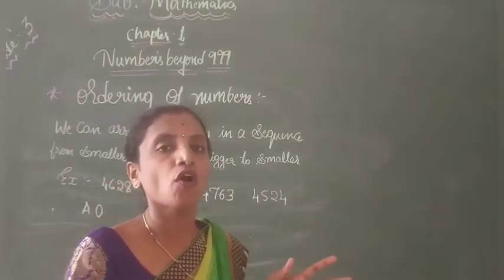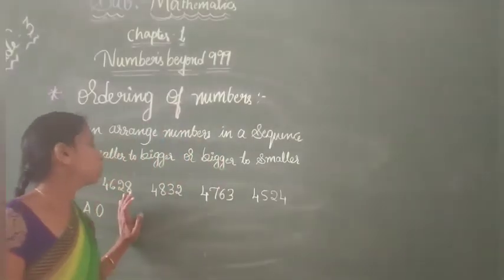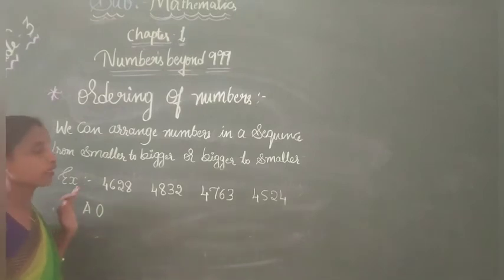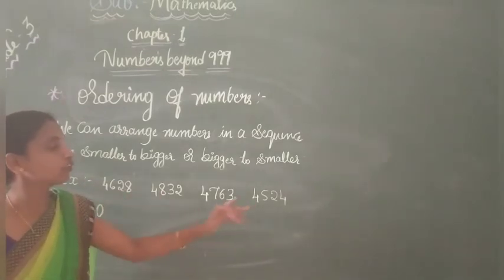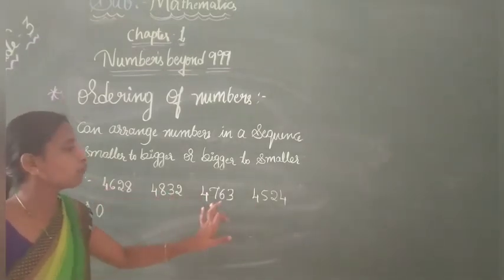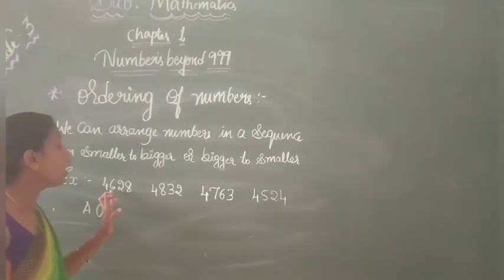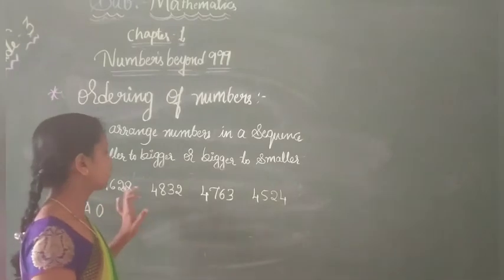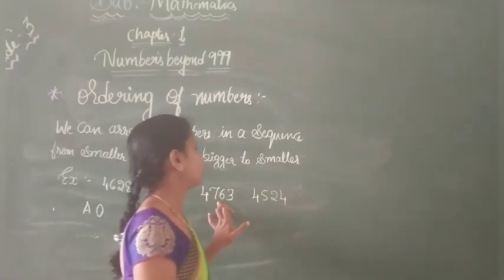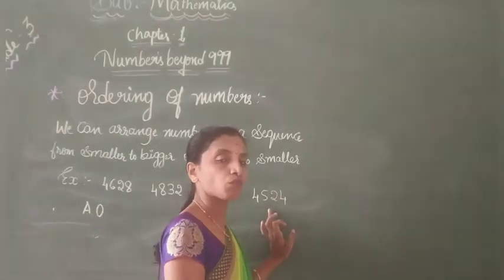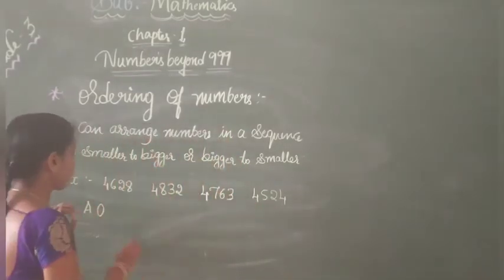Writing the numbers in order from smaller to bigger. Compare which is the smallest number. Here all are the same in the thousands place. Now you have to compare the hundreds place. Here it is 6, 8, 7 and here is 5. Which is the smallest?